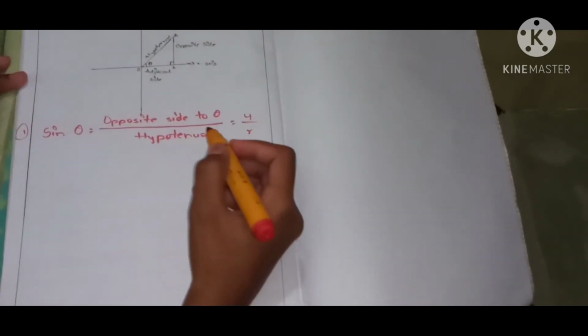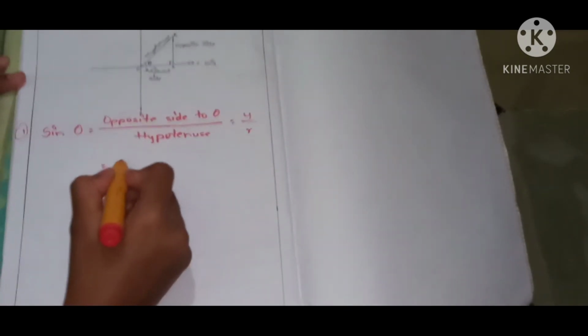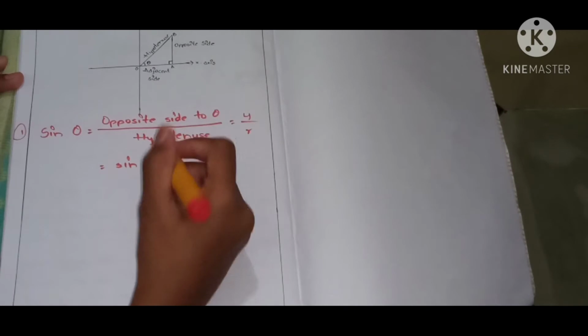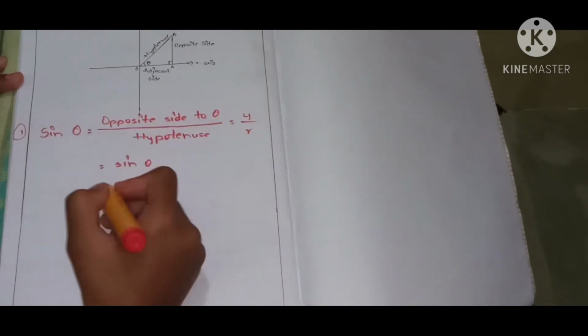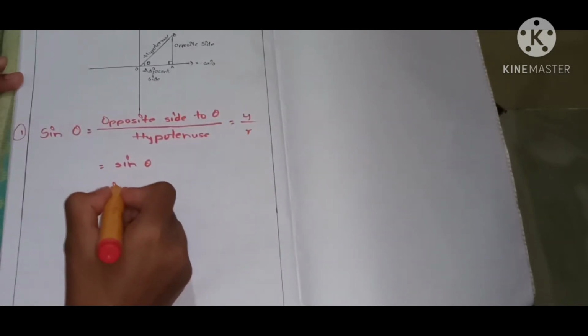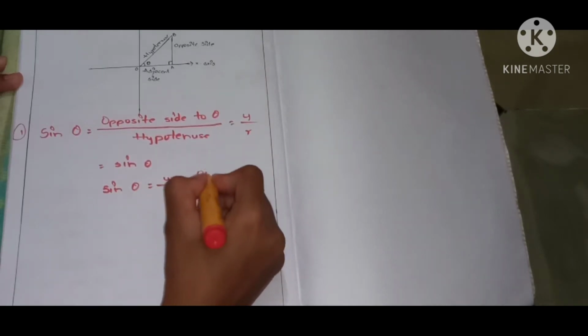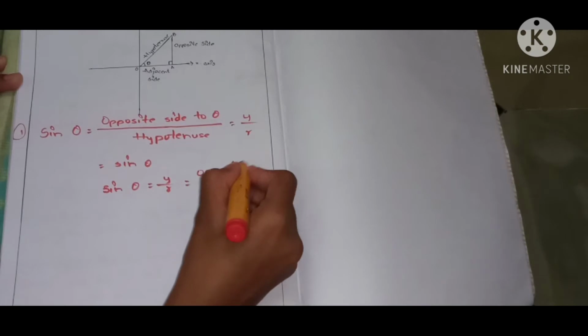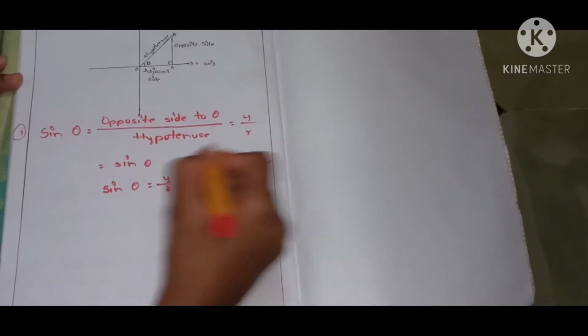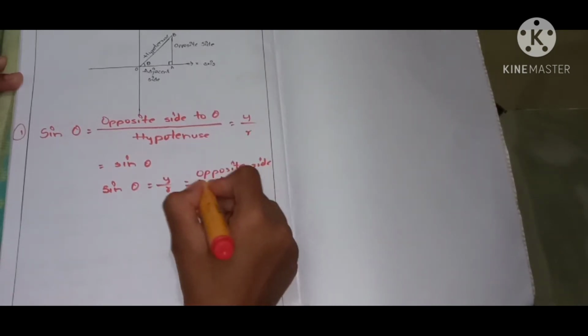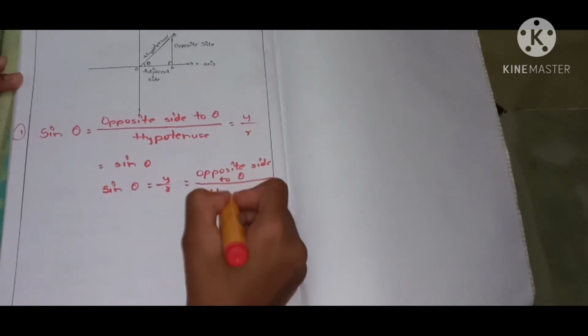So y by r is sine theta. This is the ratio of sine theta. So sine theta equal to y by r equal to opposite side to theta by hypotenuse.